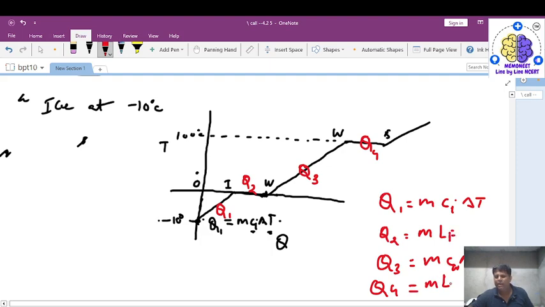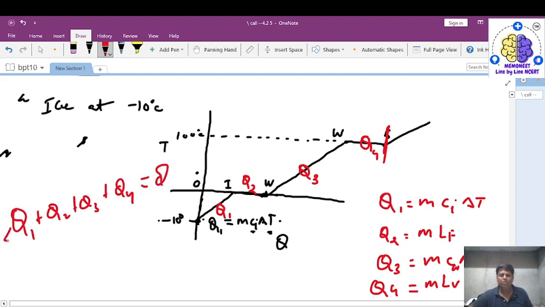This will be equal to the latent heat of vaporization, right? So the total amount of heat supplied up to this point will be equal to the sum of all the heats, that is Q1 plus Q2 plus Q3 plus Q4, and this is equal to Q. So this is the total amount of heat required to change ice at minus 10 degree centigrade to steam at 100 degree centigrade, right?